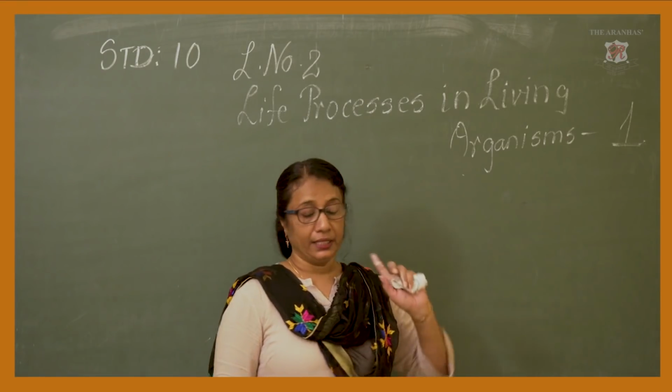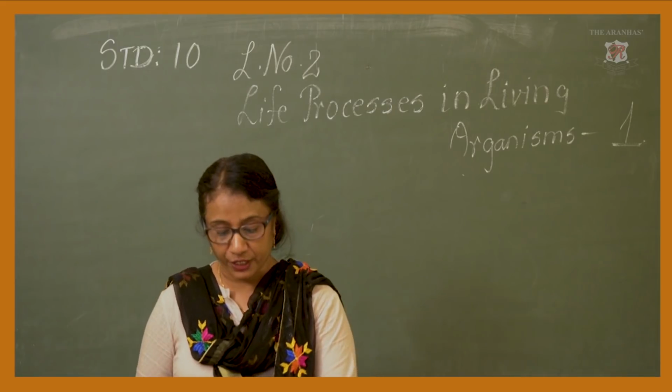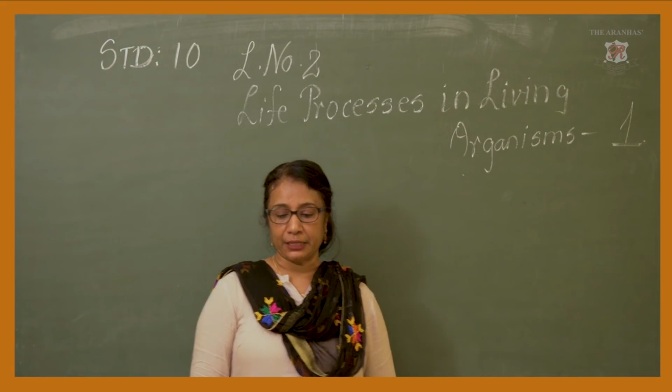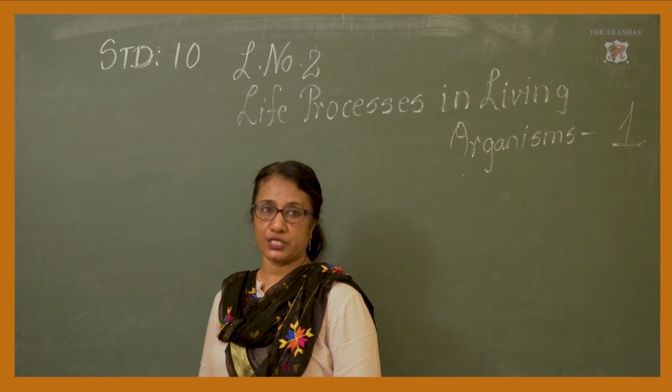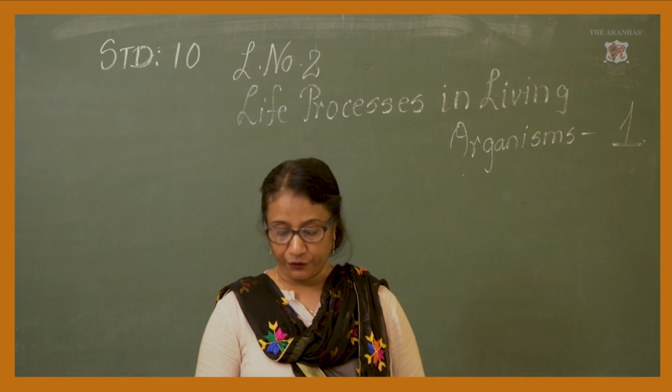ATP, as I told you earlier, is adenosine triphosphate. ADP is adenosine diphosphate, where there are two phosphate molecules, that is why it is diphosphate.